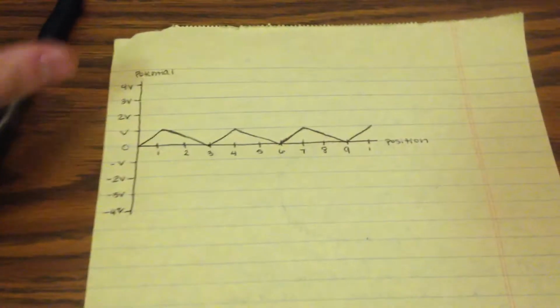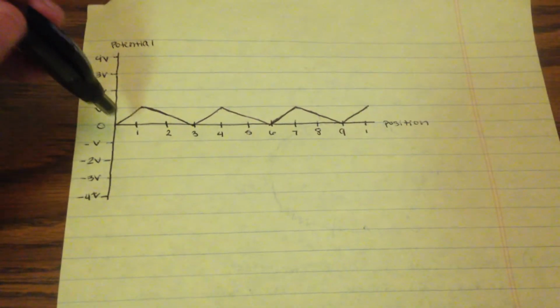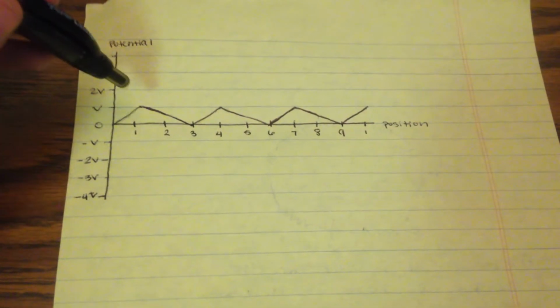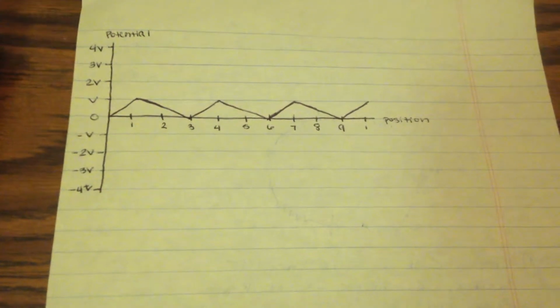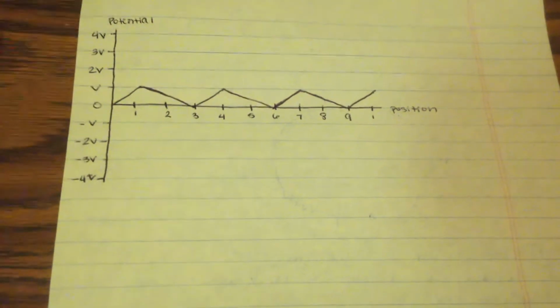That's just compensating. So when you go from 0 to 1, you're going to get V, but if you go over 2 spaces, you're going to go back down to 0. So that's just what that graph is trying to show.